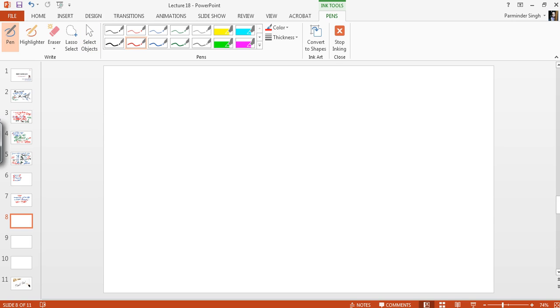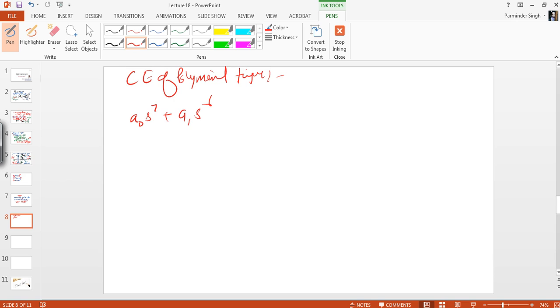Suppose I have a characteristic equation of a polynomial function as below, that is a naught S7 plus a1 S6 plus a2 S5 plus a3 S4 plus so on, and we have a7 equal to 0.